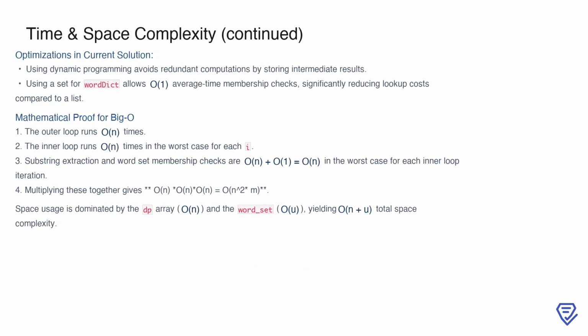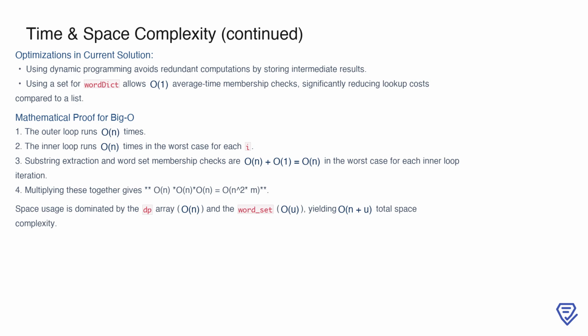The current solution incorporates several optimizations to improve efficiency. Dynamic programming is utilized to store intermediate results, which avoids redundant computations. Additionally, using a set for wordDict allows average time membership checks to be performed in O(1), significantly reducing lookup costs compared to an alternative like a list.